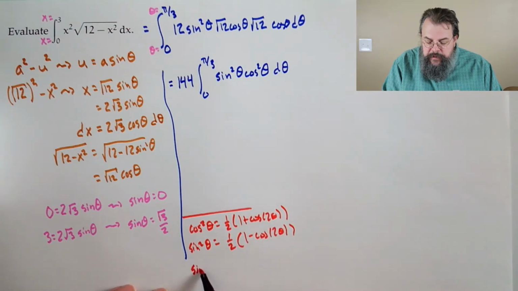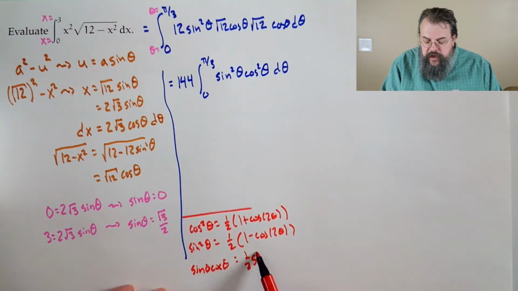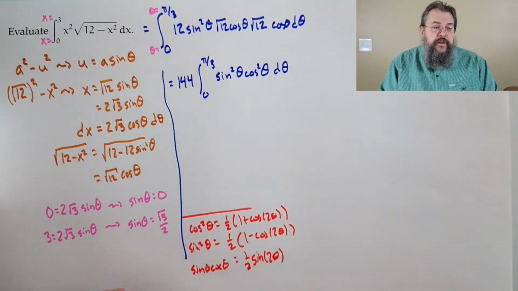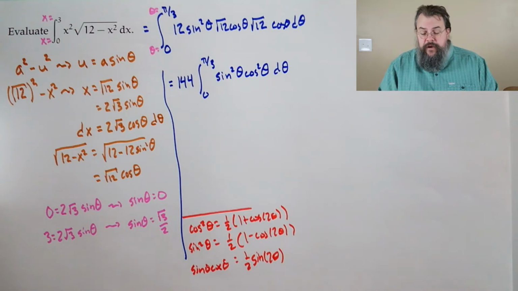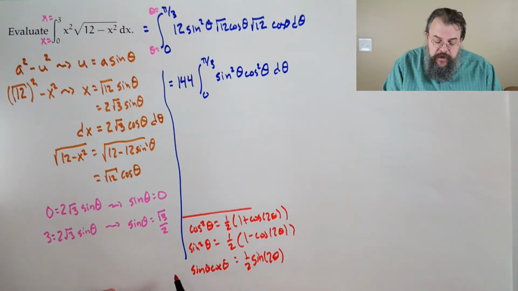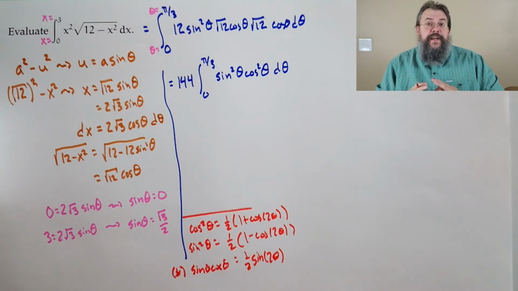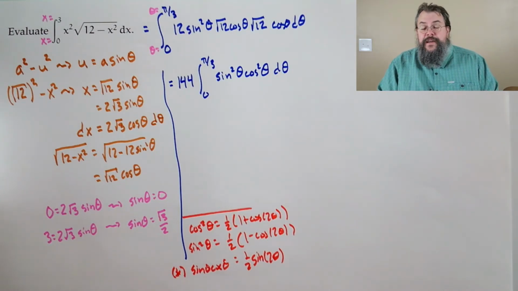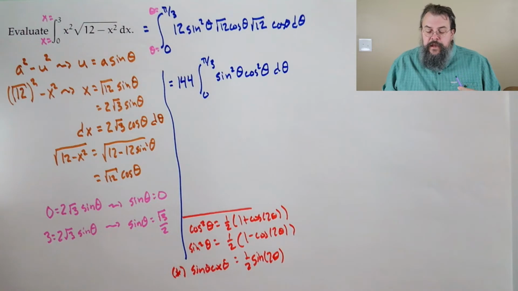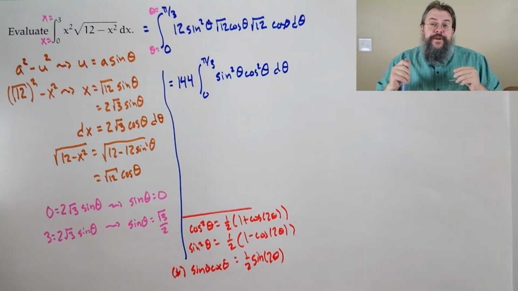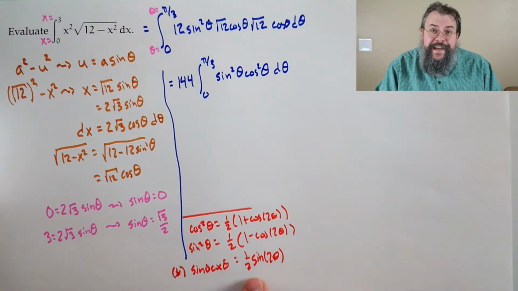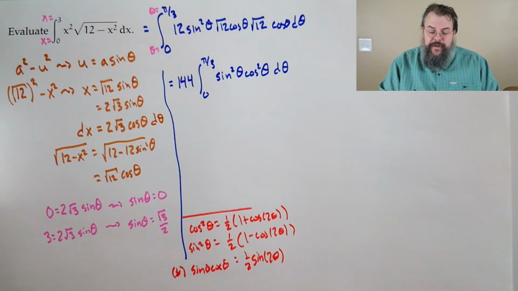And sine times cosine is 1/2 sine of 2 theta. So those are the 3 identities that relate to power reduction. And among them, I really strongly encourage people to use the sine times cosine as much as possible. I find it's very helpful because notice what it doesn't have. There's no adding or subtracting going on.